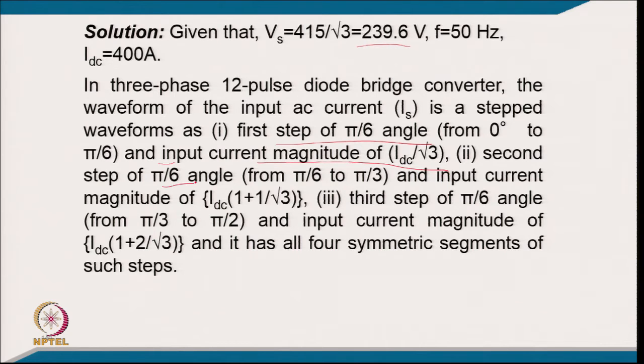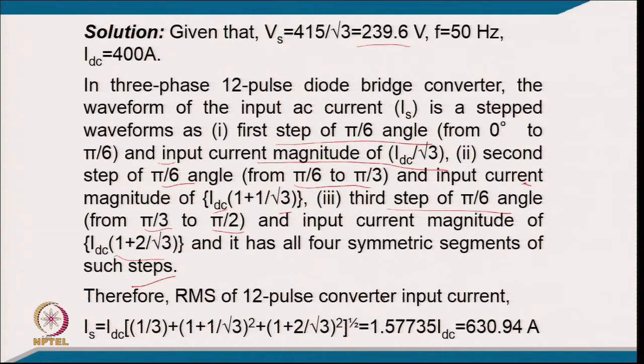The second step of pi by 6 is from pi by 6 to pi by 3, and the input current magnitude is IDC into 1 plus 1 by root 3. The third step of pi by 6 angle is from pi by 3 to pi by 2, and the input current magnitude is IDC into 1 plus 2 by root 3, and it has all 4 symmetric segments of such steps.